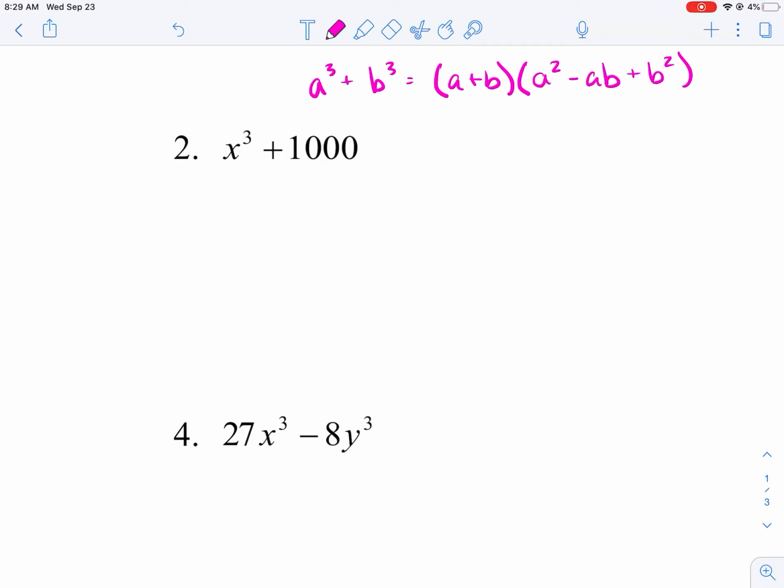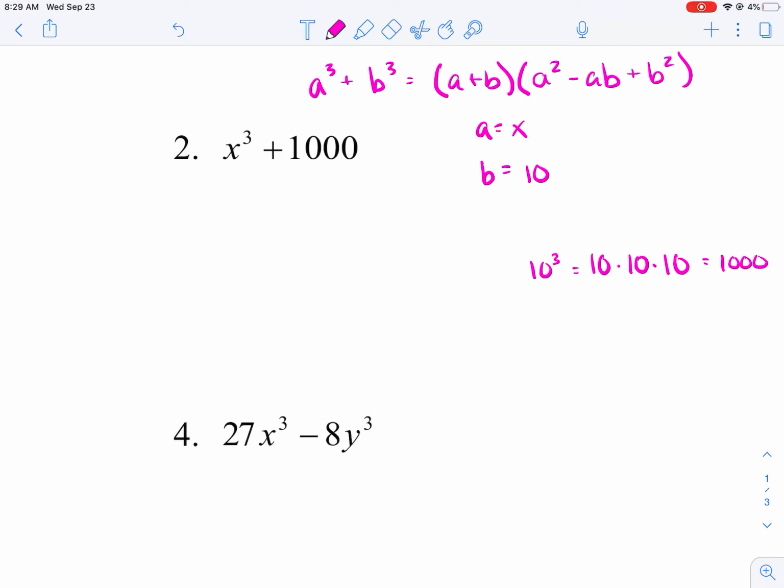In this case, we know our a value is just going to be x, and our b value here is going to be 10. If you think about it, 10 times 10 times 10 is 1,000, which is just 10 cubed.